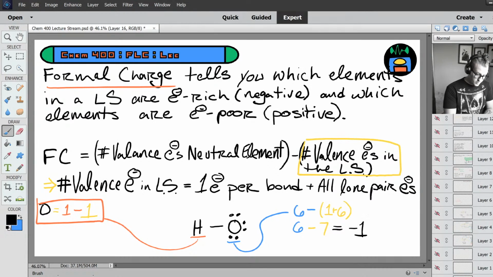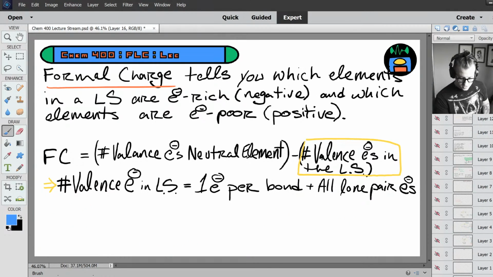And because we have a formal charge of -1, we write that kind of next to the element off to the side, kind of superscripted. So this is the Lewis structure for hydroxide.